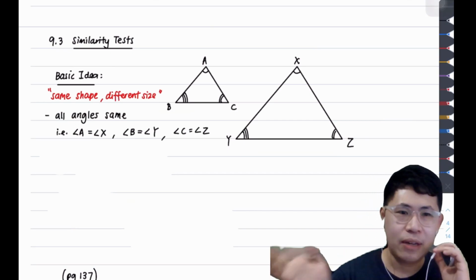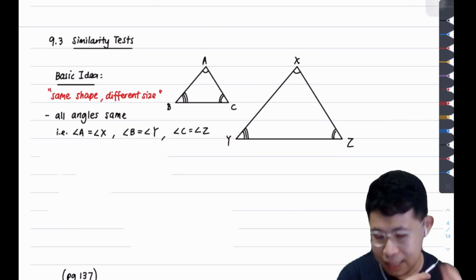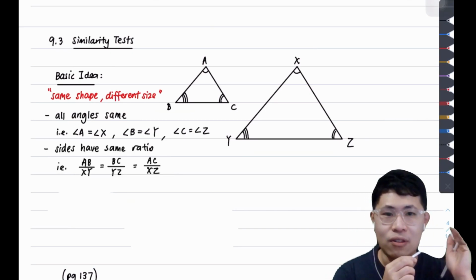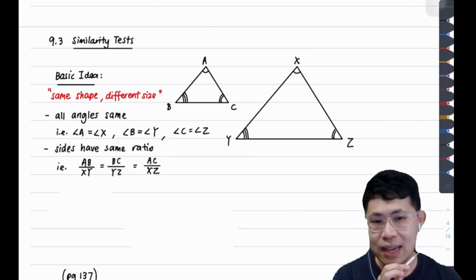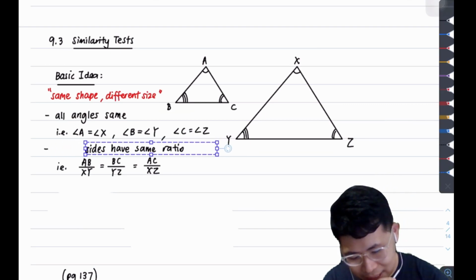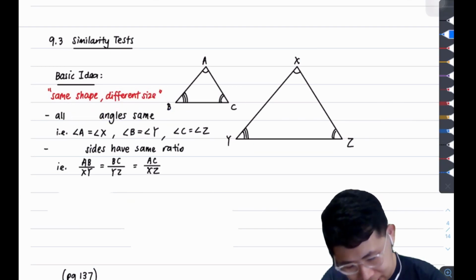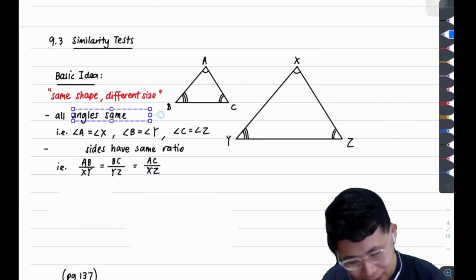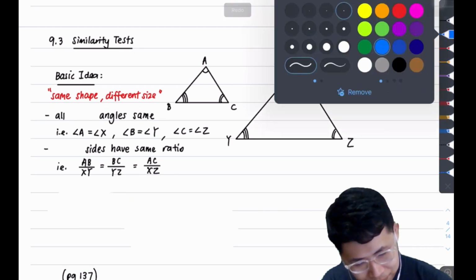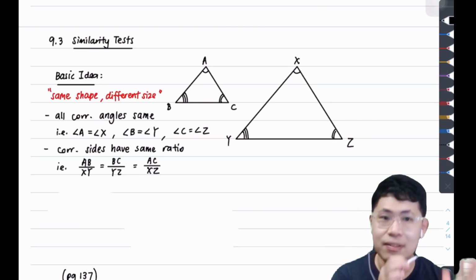For example, A equals X, B equals Y, and C equals Z. The corresponding angles are the same, and the ratio of the corresponding sides are the same. Let me add one more word over here. It's not just that the angles are the same, it's that the corresponding angles are the same. I need to make it clearer. So all corresponding angles are the same and the corresponding sides have the same ratio.